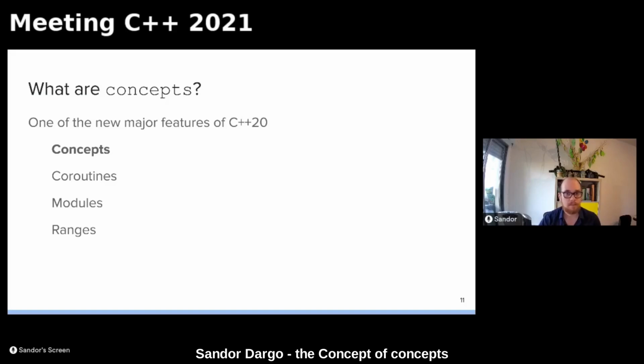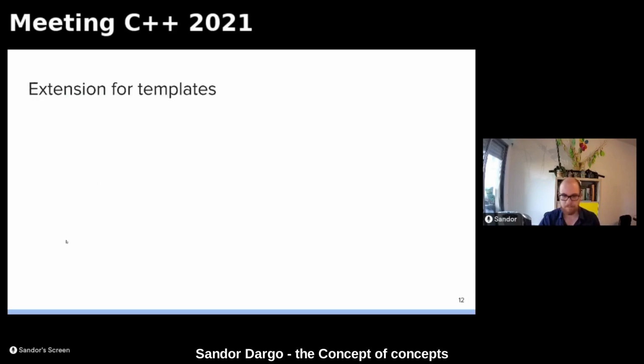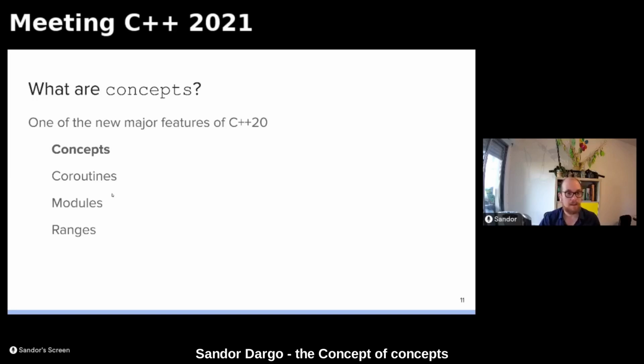So C++20 has been a big release, and there are many small and useful things in it, but often we refer to it like, okay, it has 4 big building blocks. You have the ranges, and I think it was yesterday morning, Tina gave a very interesting talk on how you can rangeify your code.